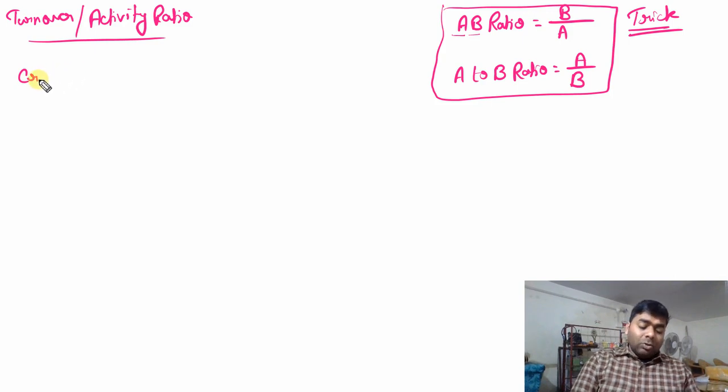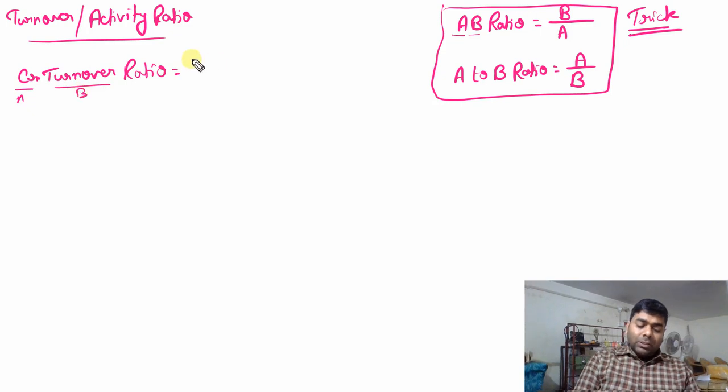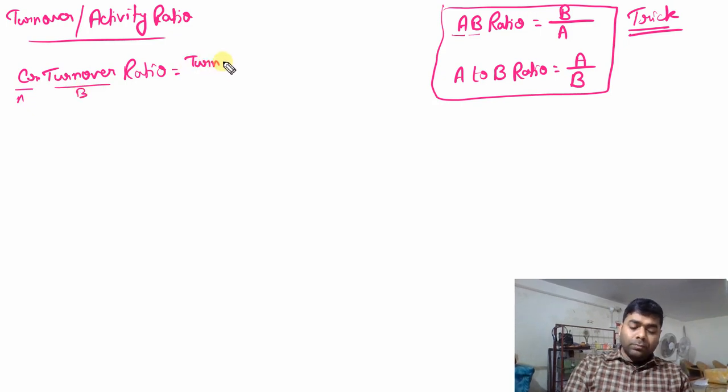Creditors turnover ratio. If it is given as creditors turnover ratio, then you can write it as creditors is A and turnover is B. So you can write it as turnover upon creditors.